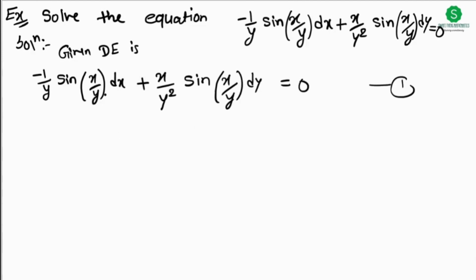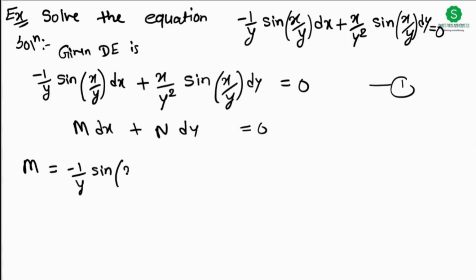Compare this differential equation with m dx plus n dy equals 0. So m is the coefficient of dx, that means m is equal to minus 1 by y sine x by y, and n is equal to x upon y square sine x by y.